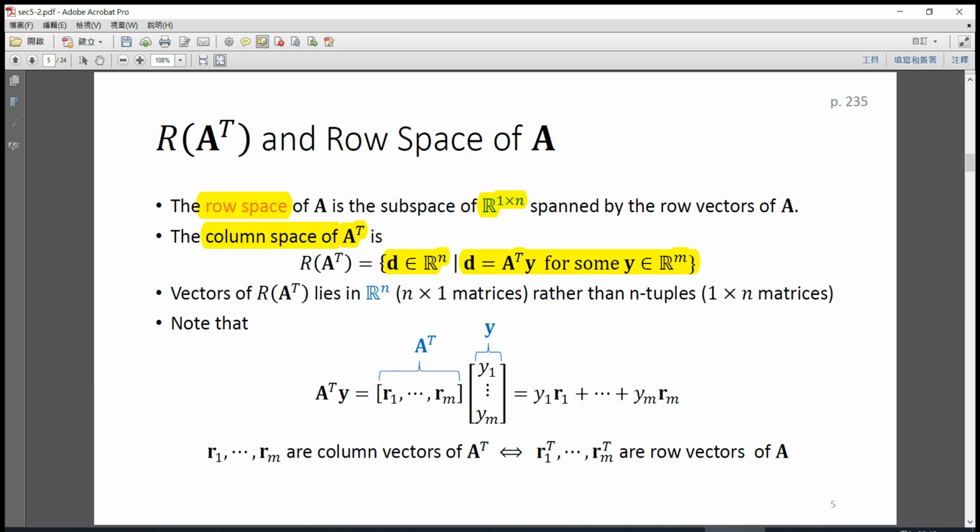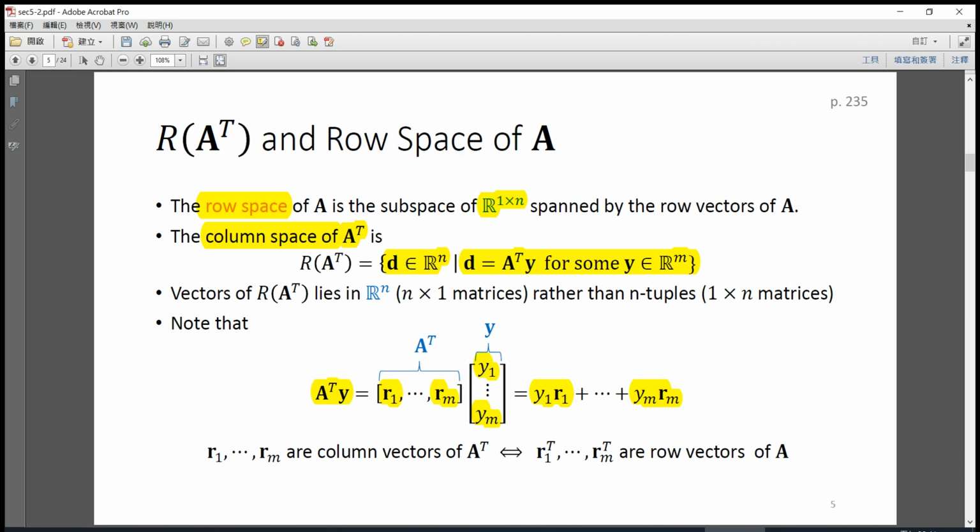And we know that A transpose y equals y1r1 plus y2r2 plus up to ymrm. Here, r1, r2 up to rm are column vectors of A transpose, and y1, y2 up to ym are the coefficients of the linear combination.